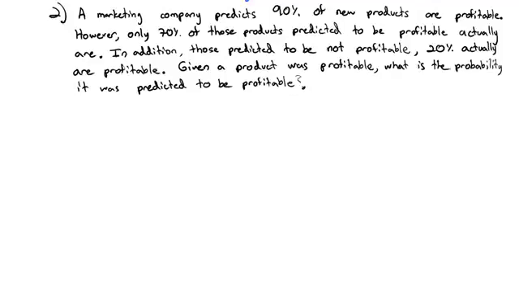Let's make a tree to model this. First, the marketing firm looks at it and they say, yes, it will be profitable or not. We are told the company predicts 90% of their products will be profitable. Therefore, the complement, 10%, must not be profitable.